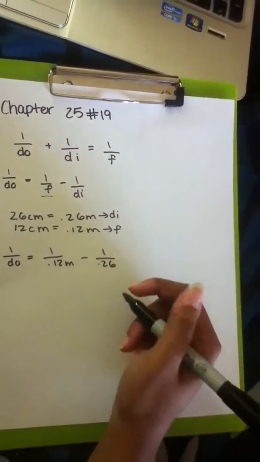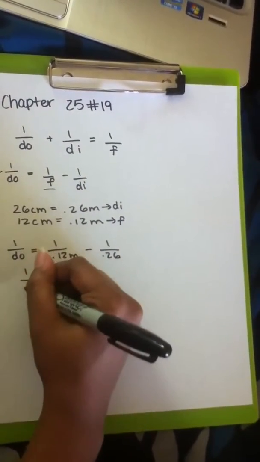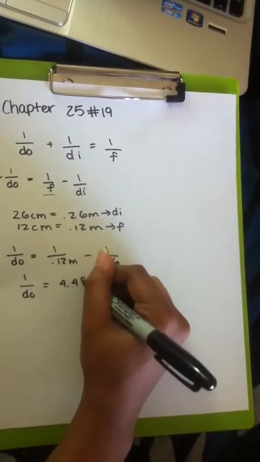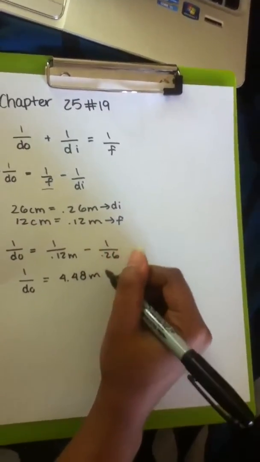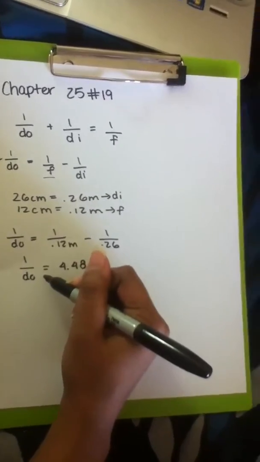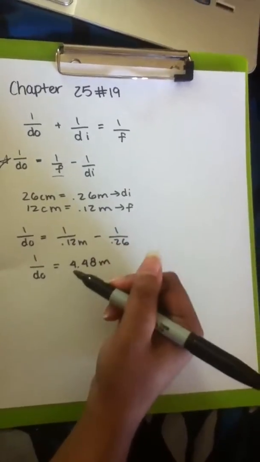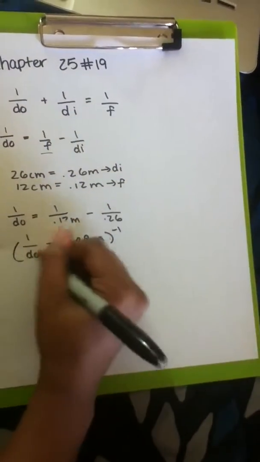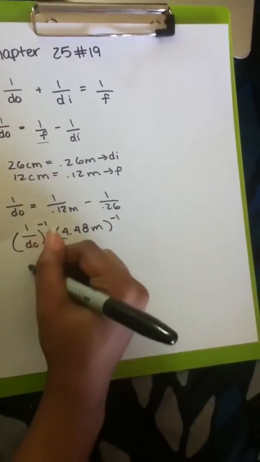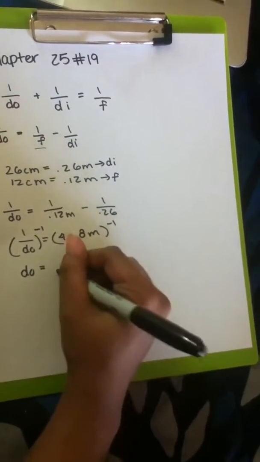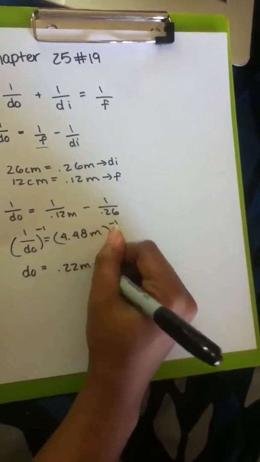If I do that, then I get 1 over the distance of the object is equal to 4.48 meters. However, this is 1 divided by the distance, and it is not the value of the distance itself. Therefore, I took the reciprocal of this right here in order to get the distance, and I found that to be a value of 0.22 meters.